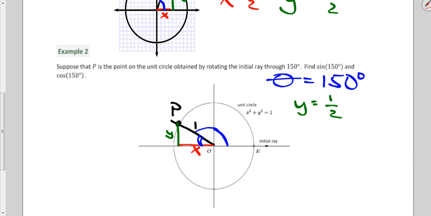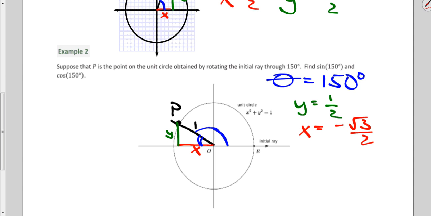What is my x? Negative the square root of 3 over 2. Why is it negative, Bailey? Because it's going the wrong way. It's going left, right? It's going left of 0. So x is negative root 3 over 2. Now, what is the name that I give to this x value in trigonometry?